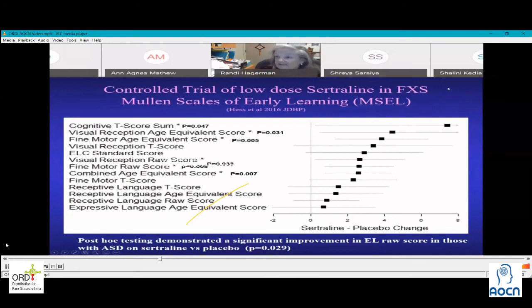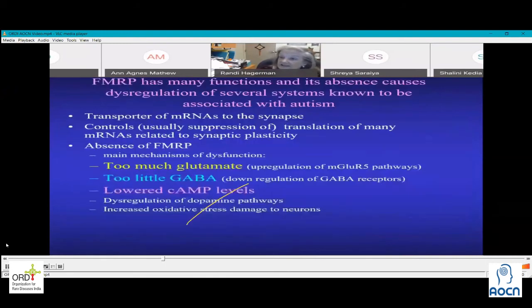So it may help those with autism even more than Fragile X syndrome without autism. So we typically use low-dose sertraline, again, just 2.5 to 5 milligrams, depending on the age, in young children with Fragile X syndrome.